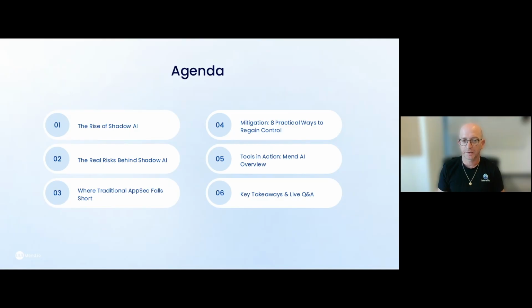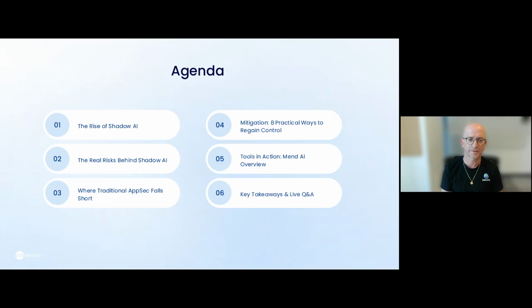A little bit about our agenda. So we'll start with reviewing the rise of shadow AI. Then a little bit about what risks are behind shadow AI and why it's important to be aware of this.